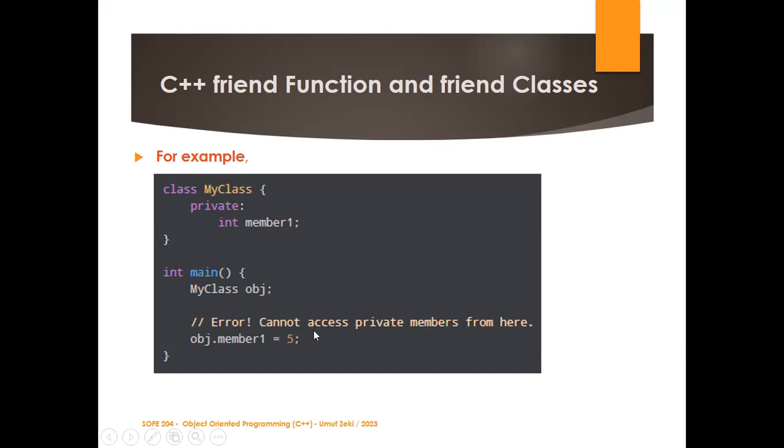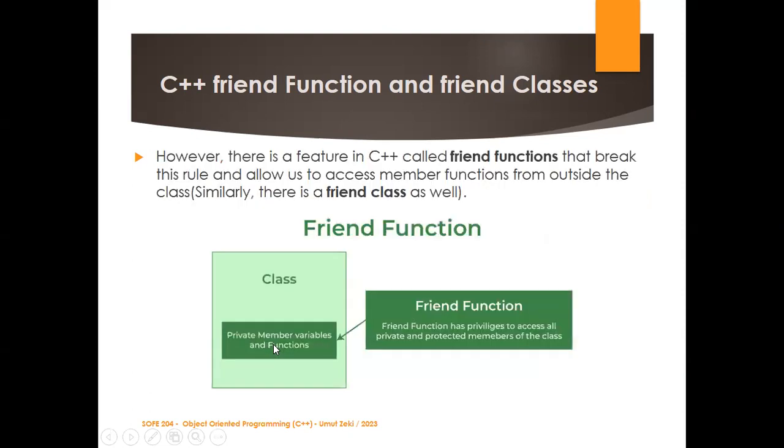It will give an error, because we can't directly reach it. So we have a feature in C++ called friend functions, which breaks this rule and allows us to access private members from outside the class.